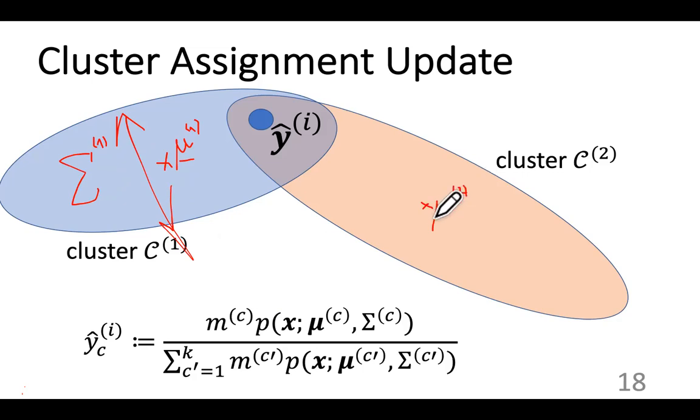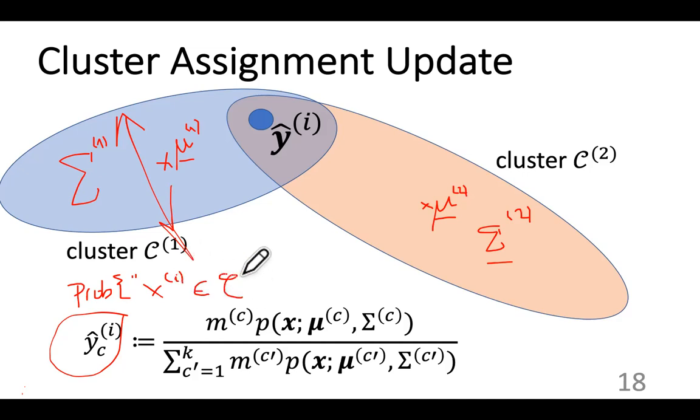If we knew those parameters of the clusters, we could calculate the probability, if we assume that the degree of belonging is the probability, so we interpret this as the probability that the ith data point belongs to cluster C.